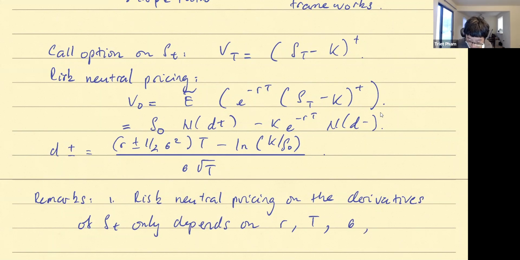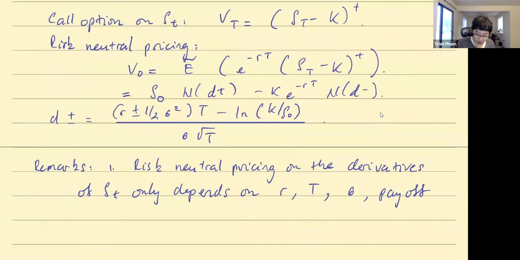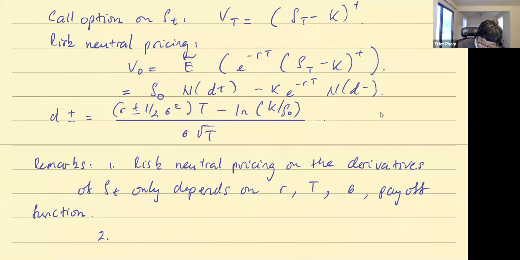So if you want, you can say the payoff function, which is the definition of the derivative itself. What it does not depend on is the rate of return, the physical rate of return.